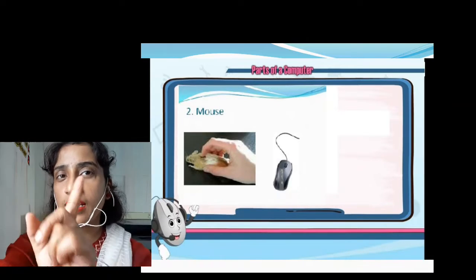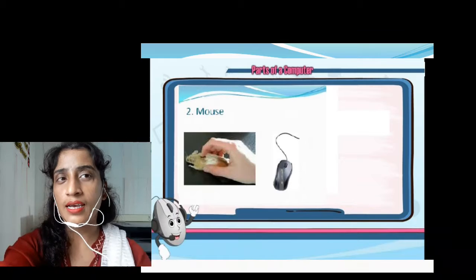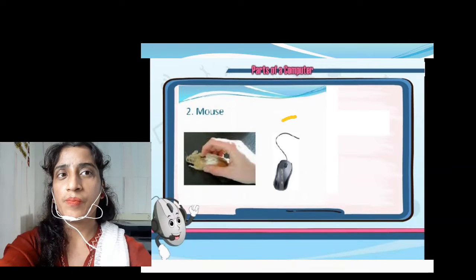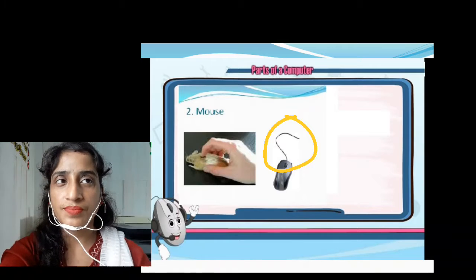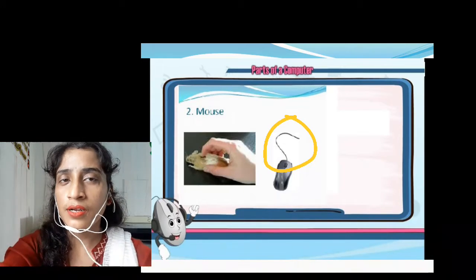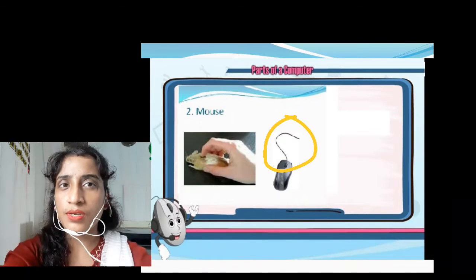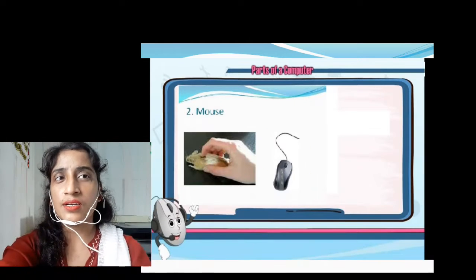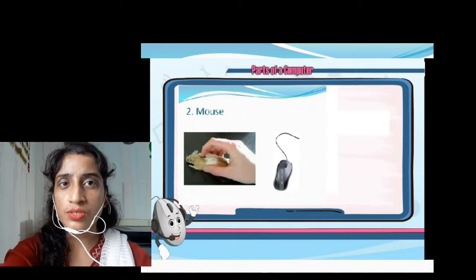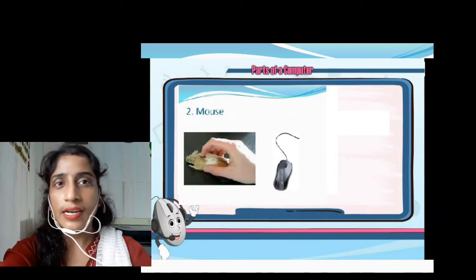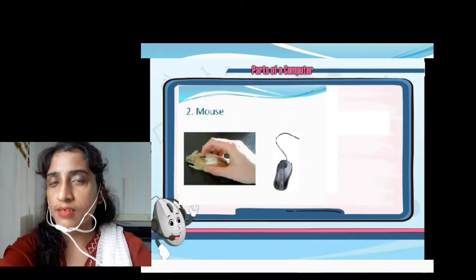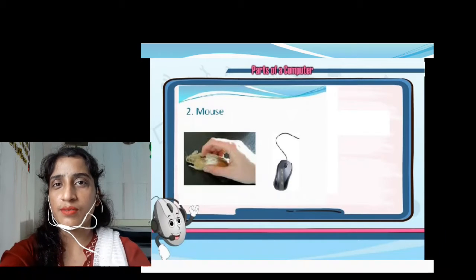A real mouse has one tail, a computer mouse has one wire, like the tail of a mouse, which is connected to the computer. So this is the picture of a mouse which looks like a real mouse, but it does not behave like a real mouse. It only looks like a real mouse.